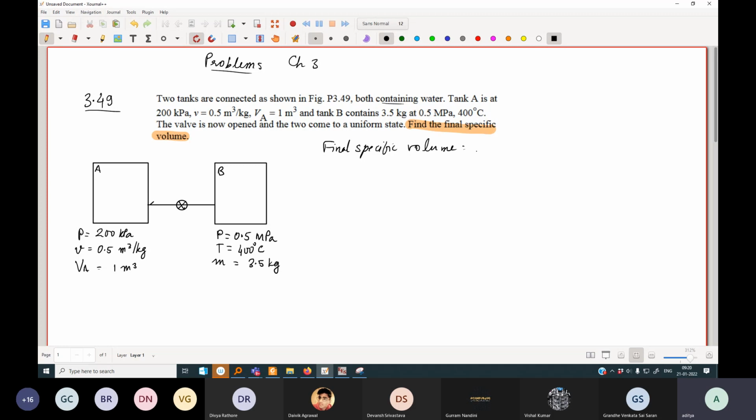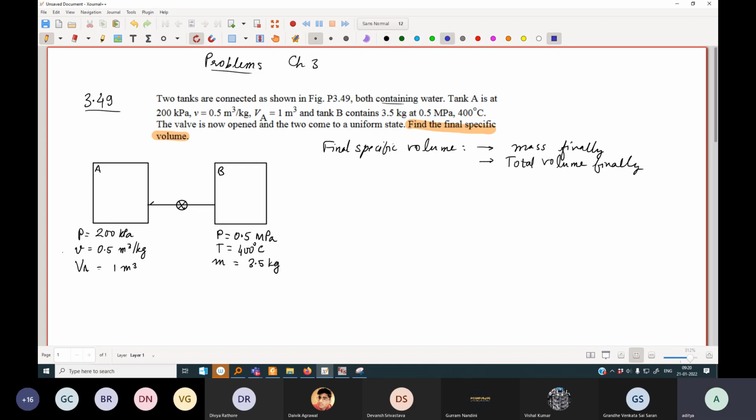So what will be required in order to find out the final specific volume? You need to know the total mass finally, and you need to know the total volume finally. If you know the total mass and total volume, then you will be in a position to find the final specific volume.